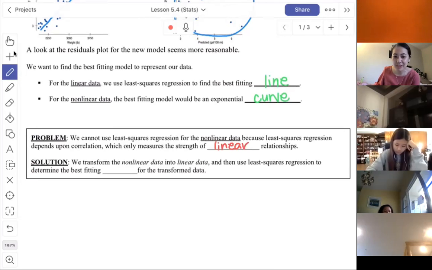So our solution is to transform the nonlinear data into linear data to determine the best fitting line for the transformed data.